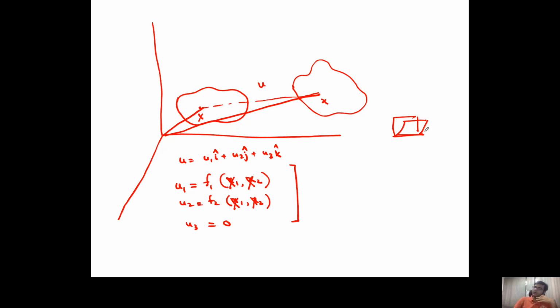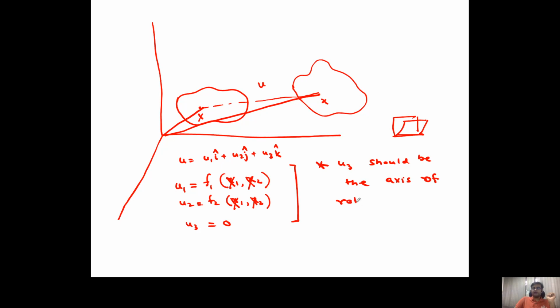But we will try to re-establish this fact by finding out the axis of rotation. So just from intuition, what can you say? If u3 is 0, so everything is happening in a given plane, and in that case, the axis of rotation should be your third axis. So the third axis should be the axis of rotation, right?